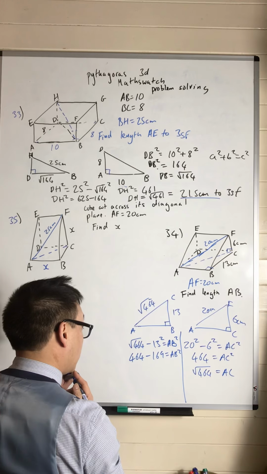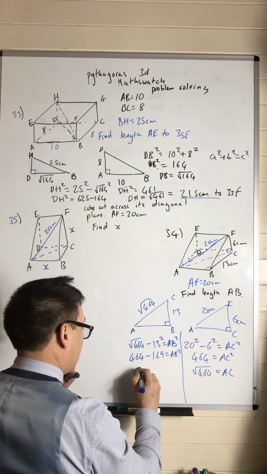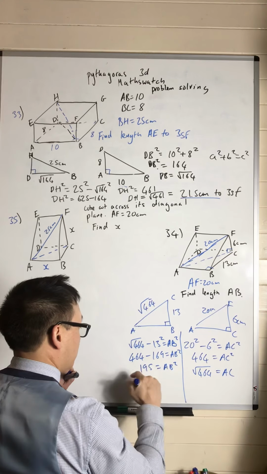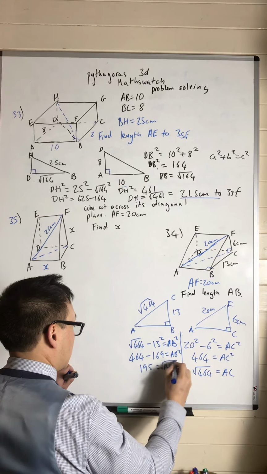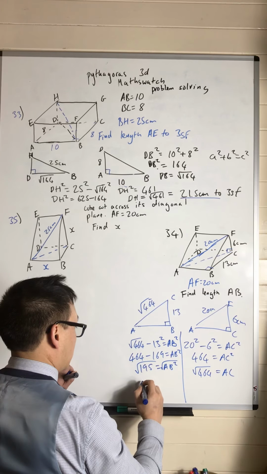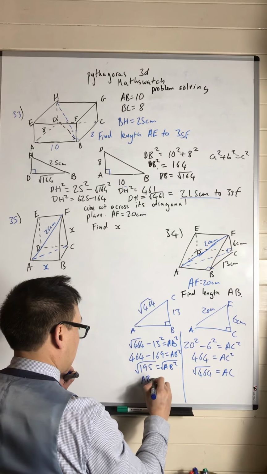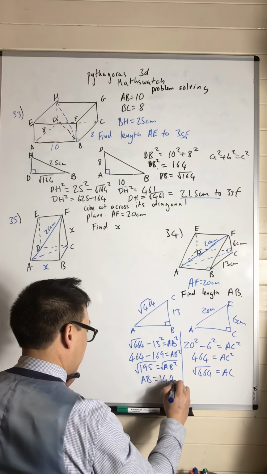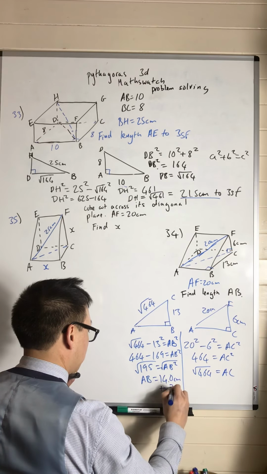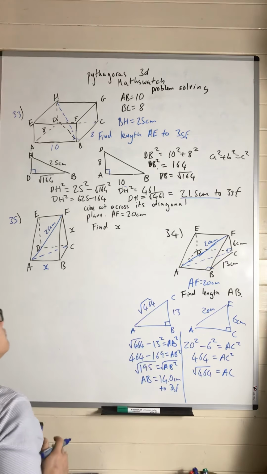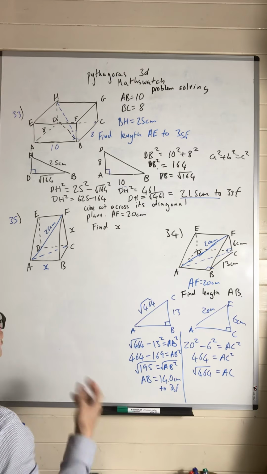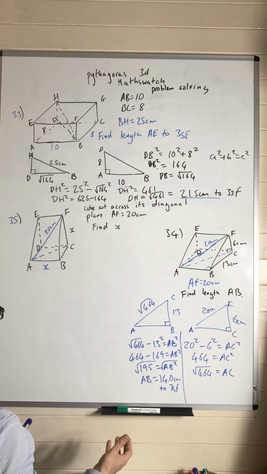So that is going to be 295 equals AB squared, square root both sides. So AB will now equal 17.2 centimetres to 3 SF. Hopefully that will make sense. And these skills are similar to trig 3D. It's just that you'll be using the trig ratios instead.